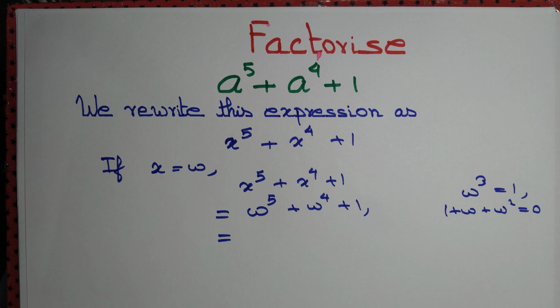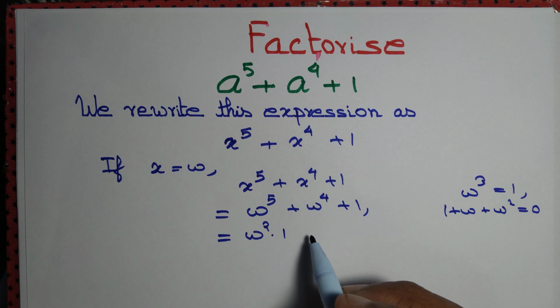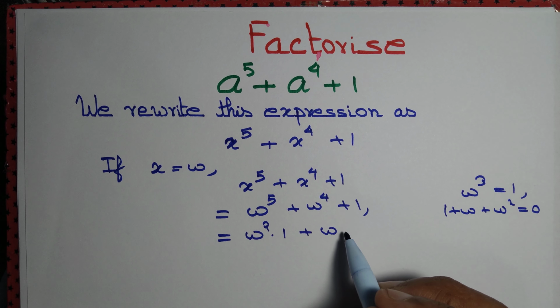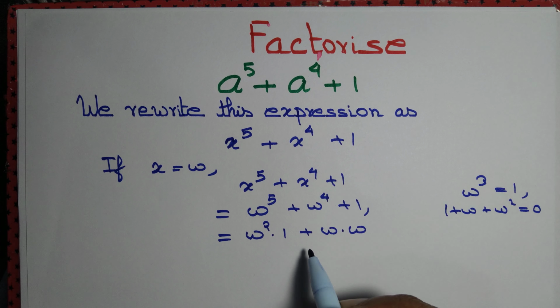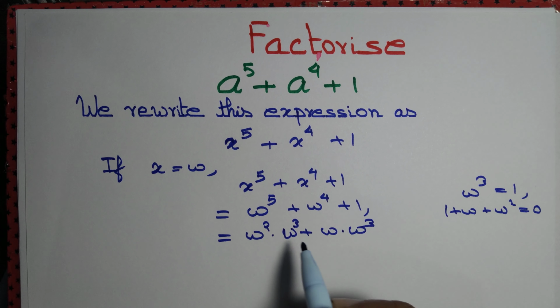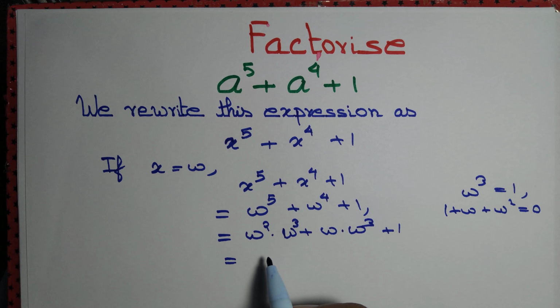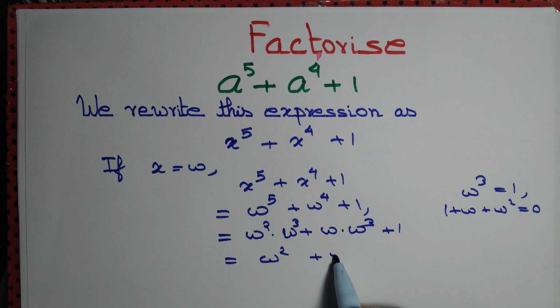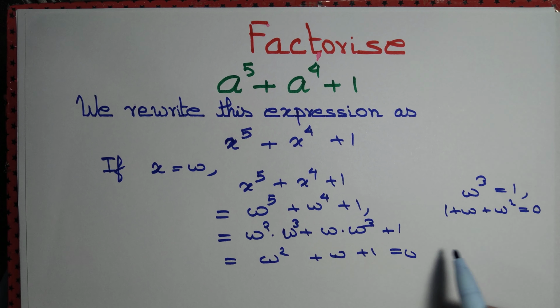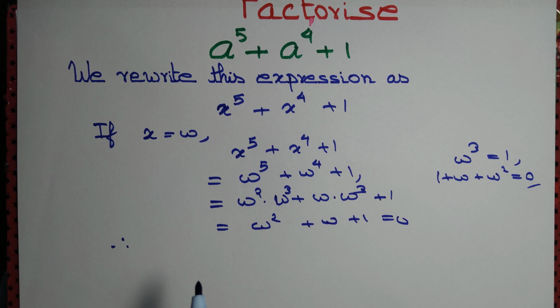Since omega cube equal to 1, omega to the power 5 can be written as omega square into omega cube, that's omega square. Omega to the power 4 can be written as omega cube into omega. And omega cube is 1, so this is simply equal to omega square plus omega plus 1, and that's 0 by this expression. Therefore, x minus omega is a factor of this expression.